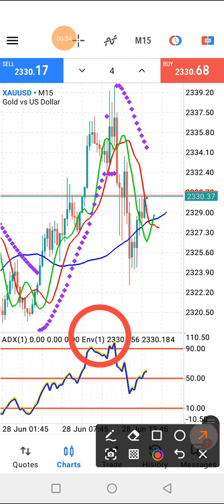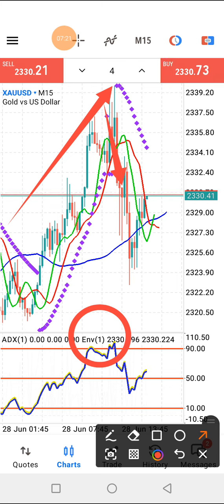Now, the first condition is that immediately price crosses below the parabolic SAR and it starts giving you this parabolic SAR at the top, telling you that price is ready to go down. So if you are to take a sell, you need to identify 2 things.